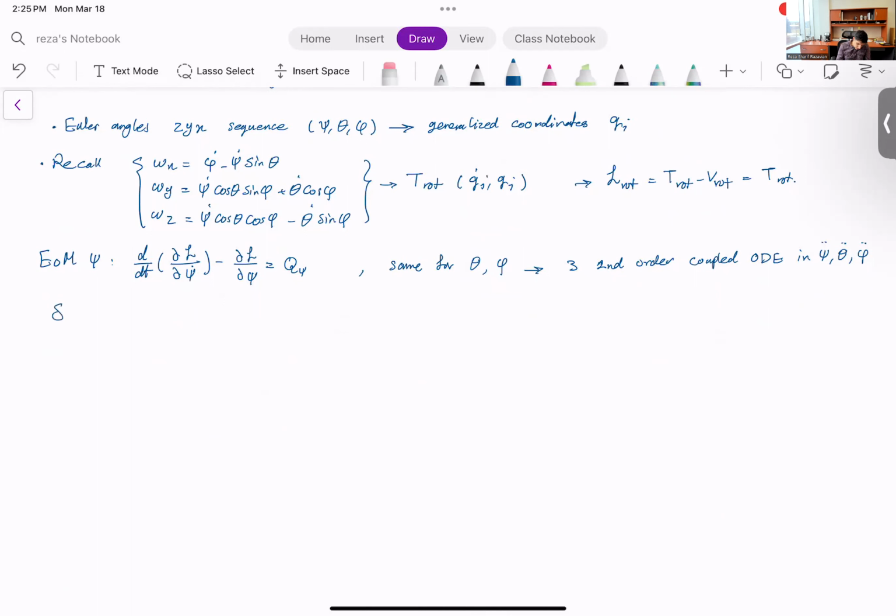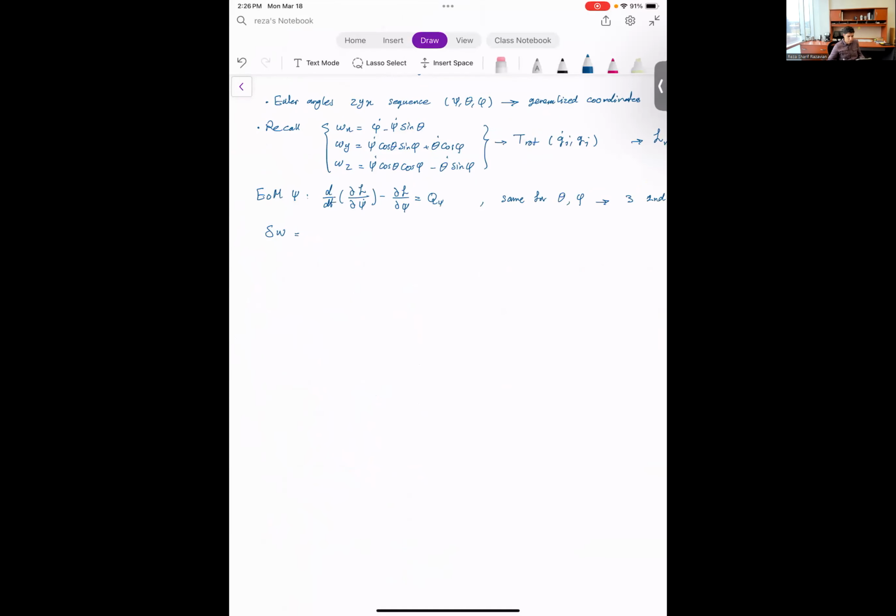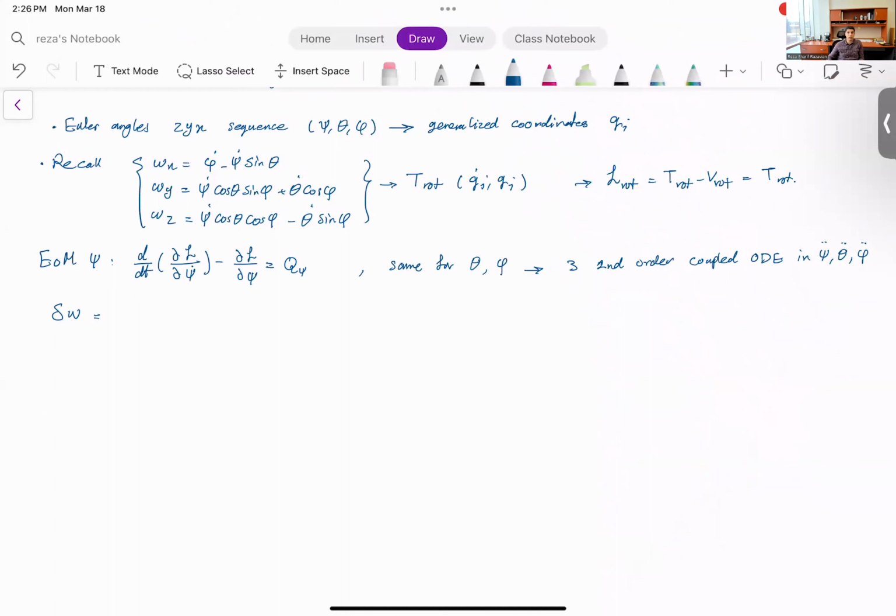So virtual work, delta W, is the amount of work done by these external forces and moments given an infinitesimal virtual displacement. Virtual displacement was similar to actual displacement, only the difference was time appeared to be fixed or frozen.